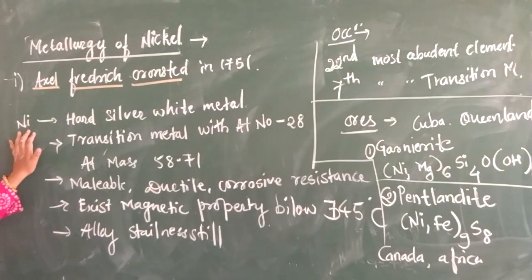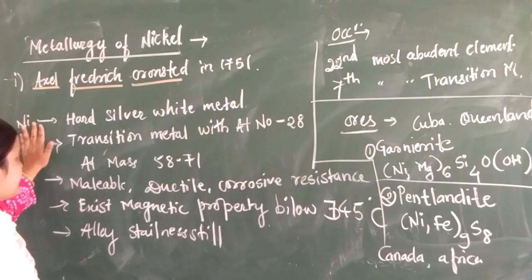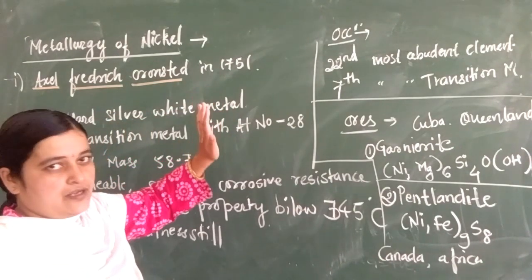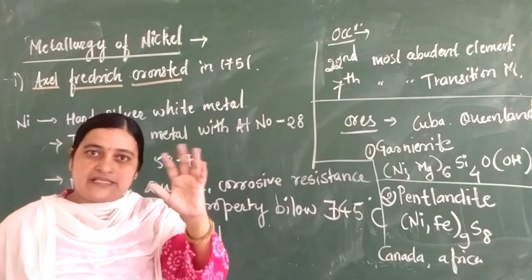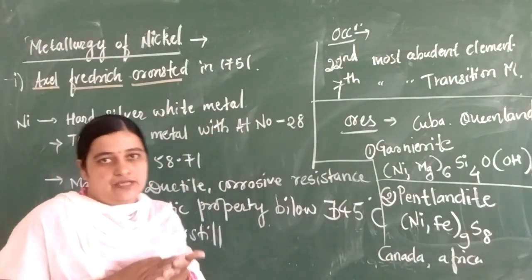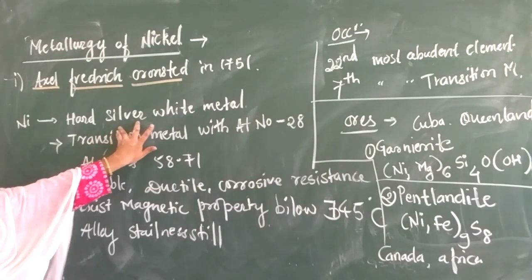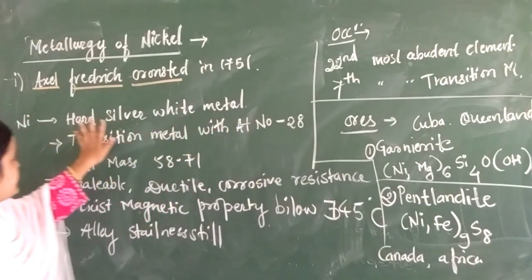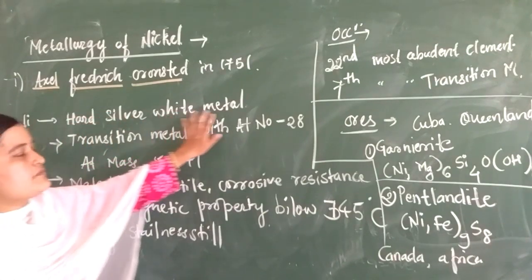So what are the properties of nickel? Nickel is a hard, silvery white metal. It is very hard and silvery white in color. You already know this is one of the hard silver white metals.